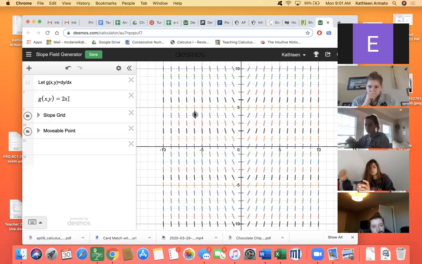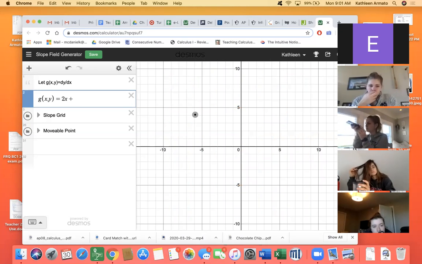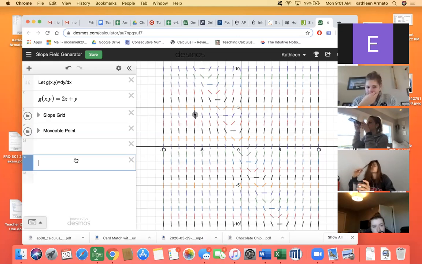If you had 2x plus y, there's the slope field. So this is kind of fun to play with, and if you're wondering if your slope field looks right.